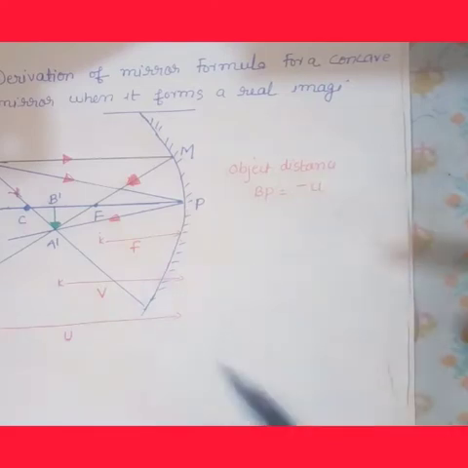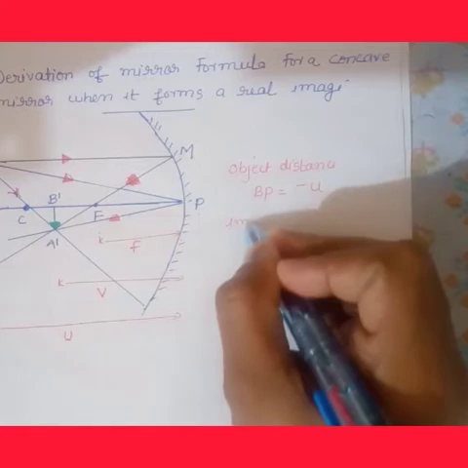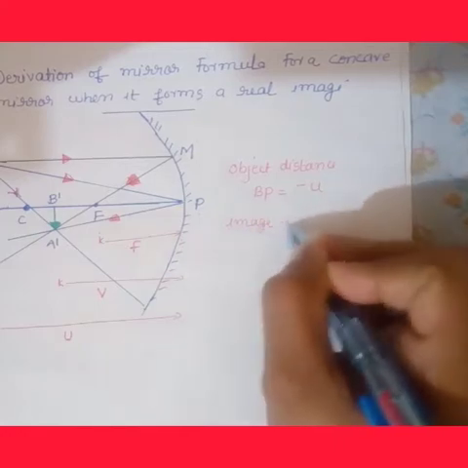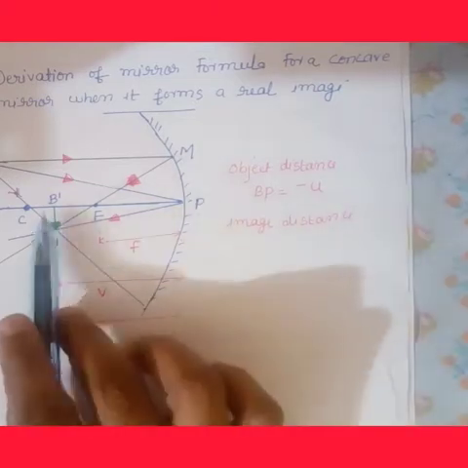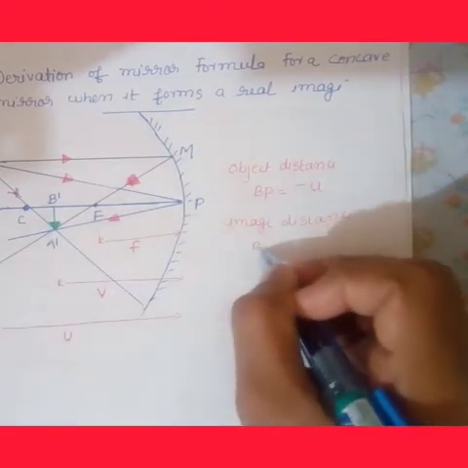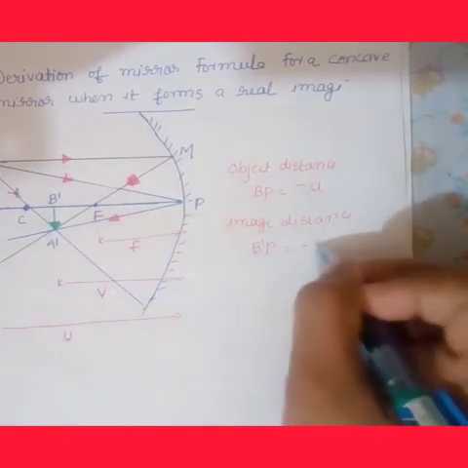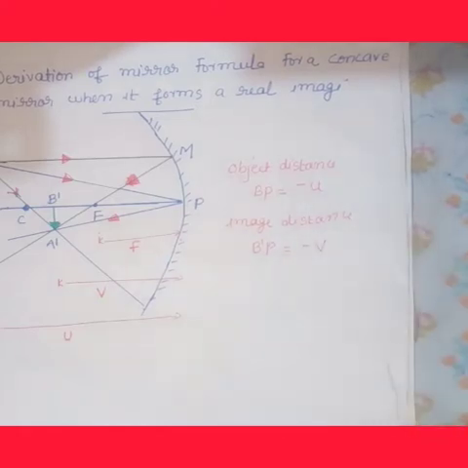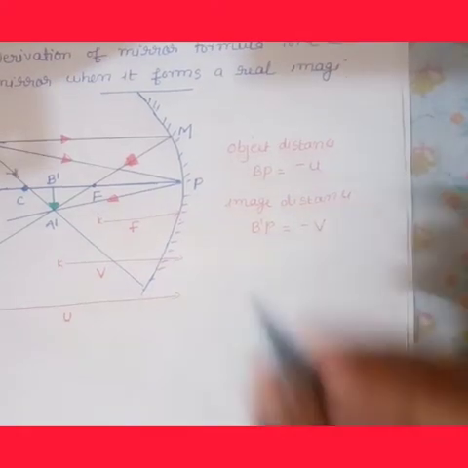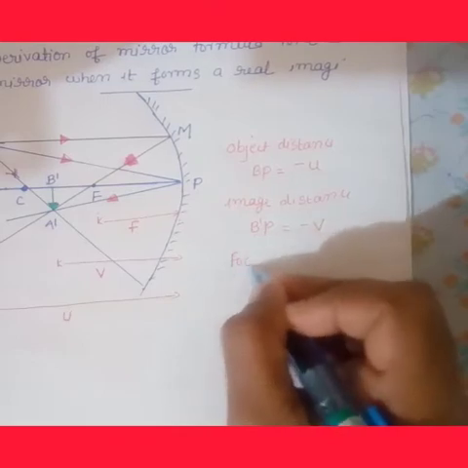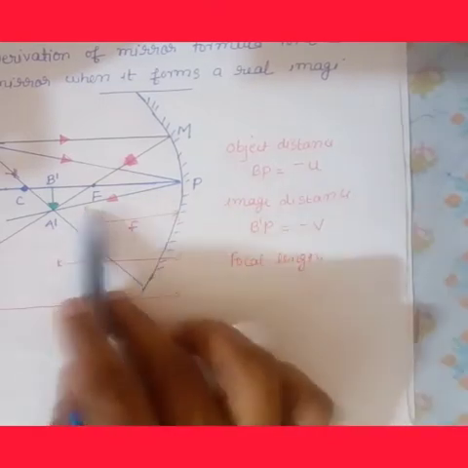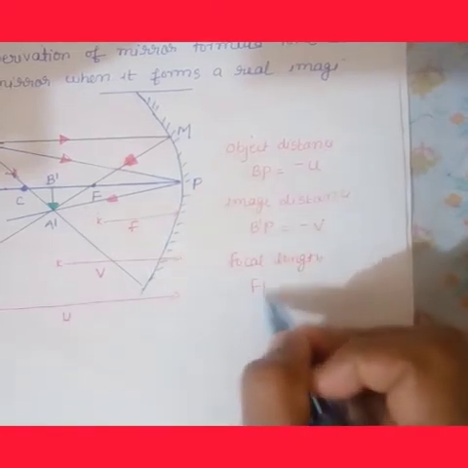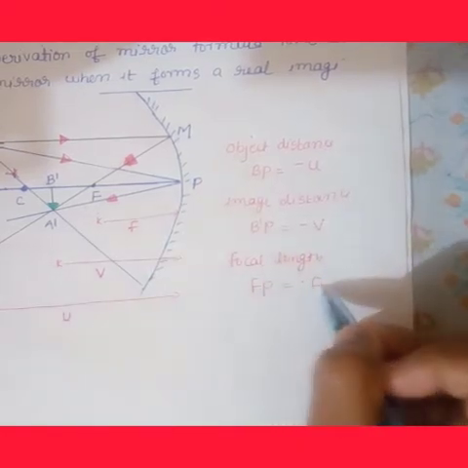Then what about image distance? Image distance is B dash P, which is equal to minus v, also a negative sign. Then the focal length is FP, which is equal to minus f.